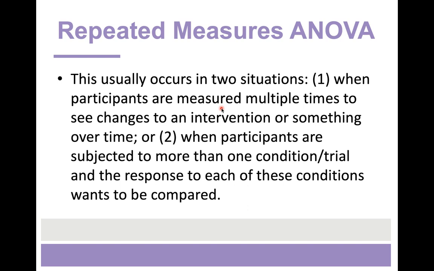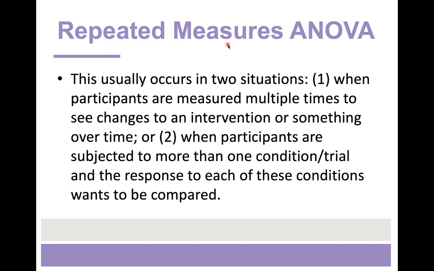The other situation is when we don't use time as our independent variable. So we're not really following people over time, but we're repeatedly measuring people across different trials or conditions. So there's sort of a clue to the research design in the name of this statistic, right?